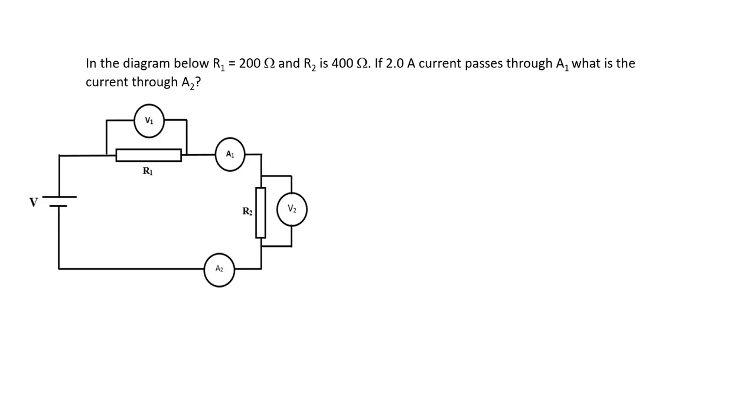So this one is our A1 here, and this one is our A2. So we are saying here we have a current of 2 amp. So we are asking what will be the current here.